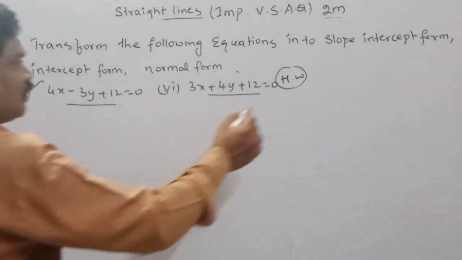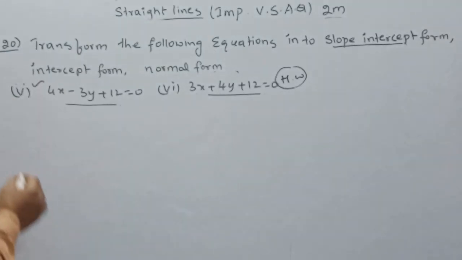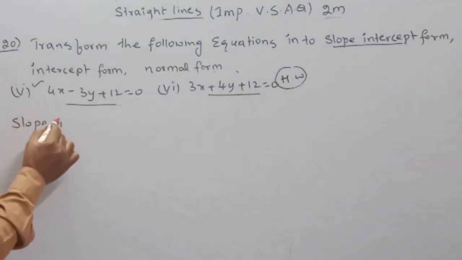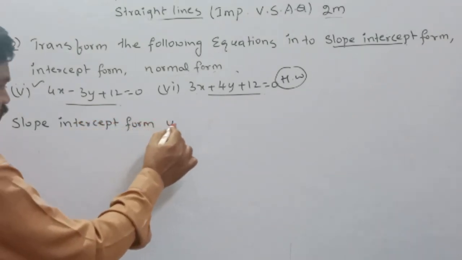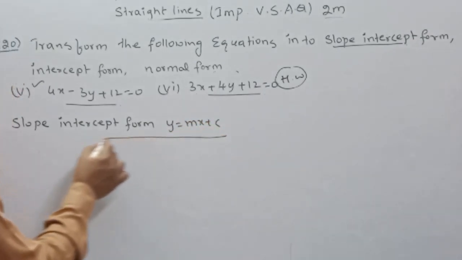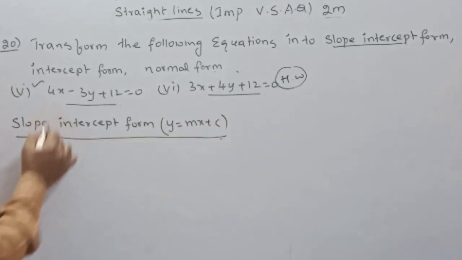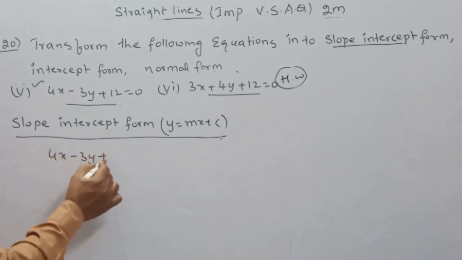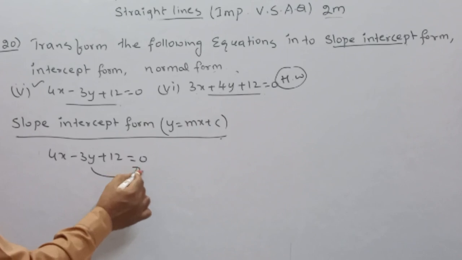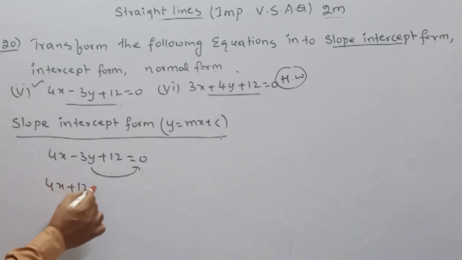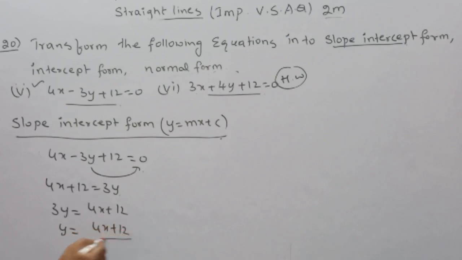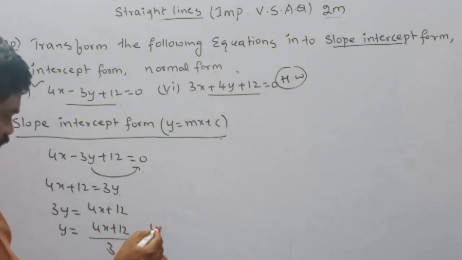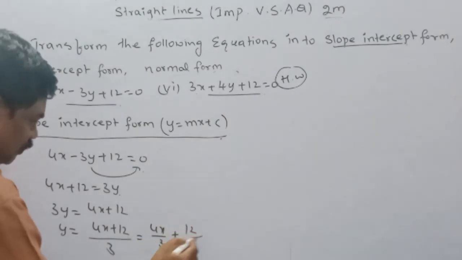First one, what is the first one? Slope intercept form, y is equal to mx plus c. So this is 4x minus 3y plus 12 equal to 0. You can take it to this side: 4x plus 12 is equal to 3y. 3y is equal to 4x plus 12. y is equal to (4x plus 12) by 3, equal to 4x by 3 plus 12 by 3.